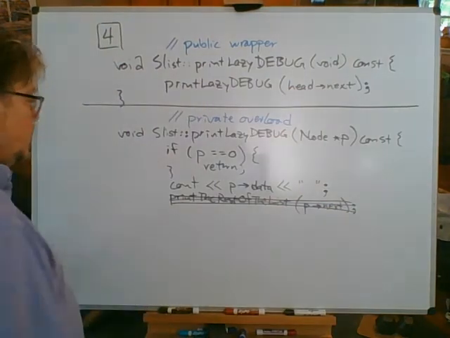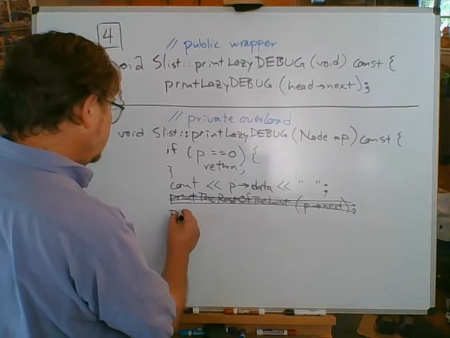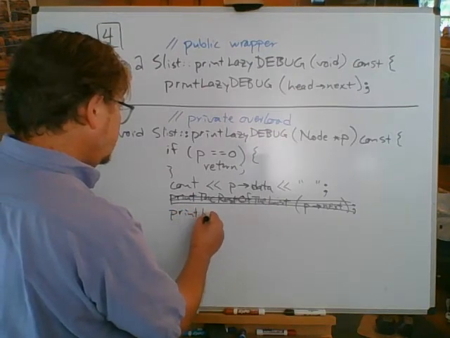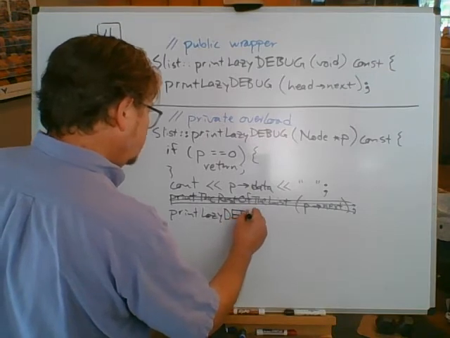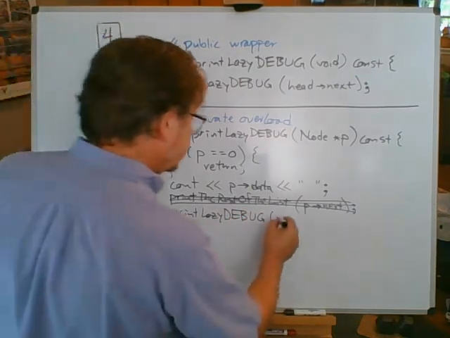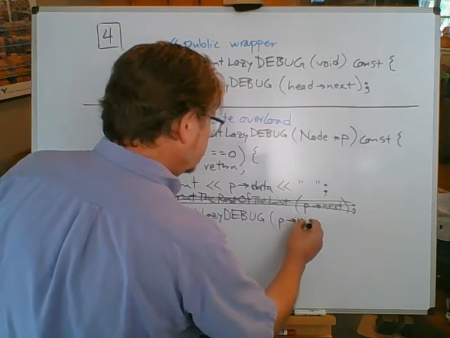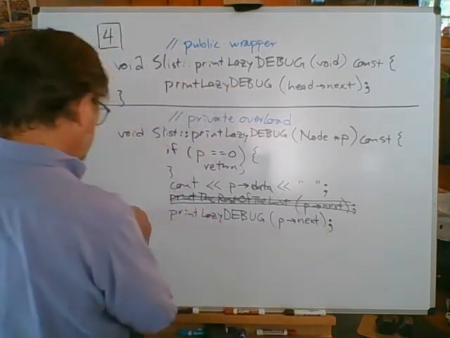Get ready to adjust the curly bracket. This can call itself, print lazy debug. Pass in the address of the next real node in the list, p arrow next. Close curly bracket.